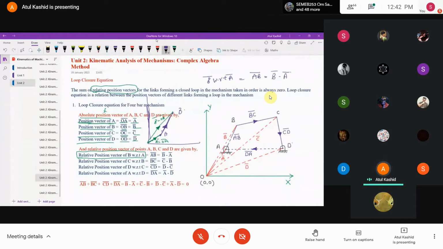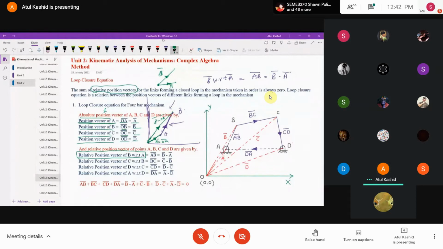For example, I've drawn this separately for this AB bar, right? Now here you can see the vectors A bar and B bar are joined together at the tails. So this is your B bar, and this is your A bar, joined along the tails of these vectors.